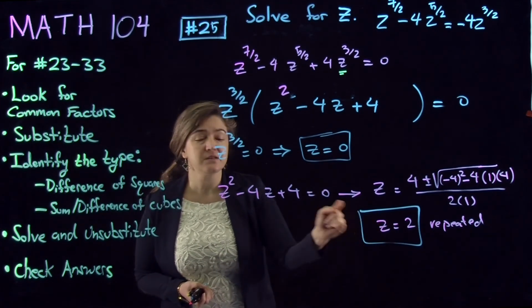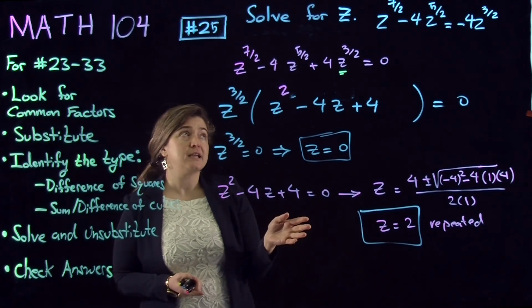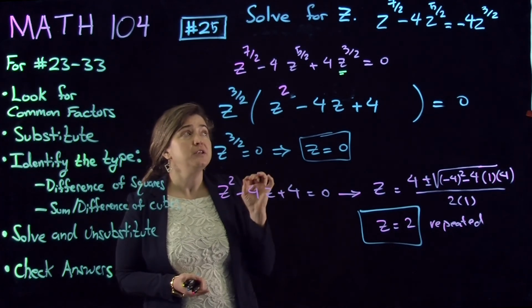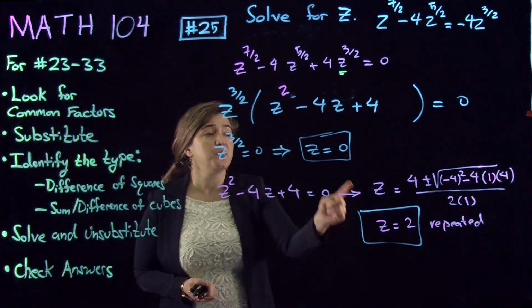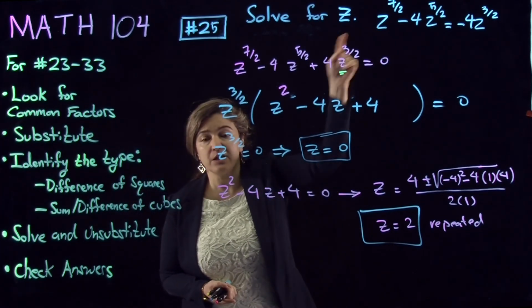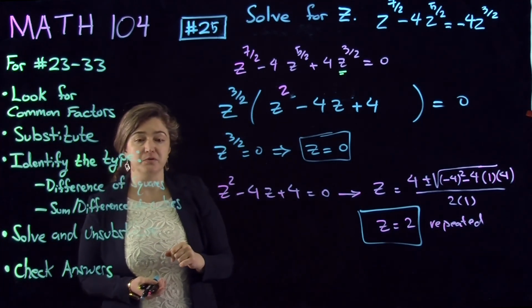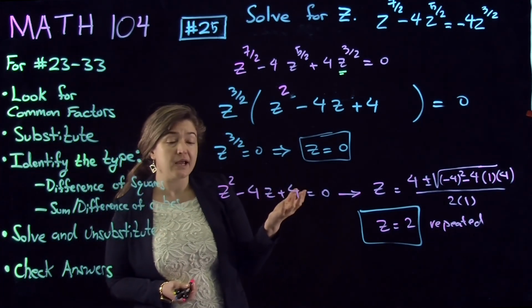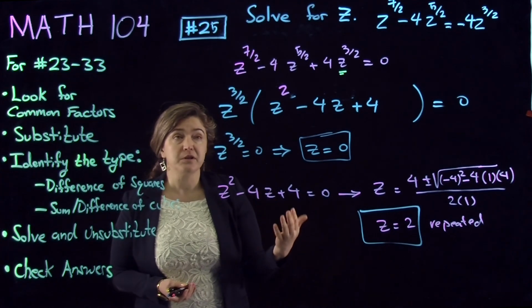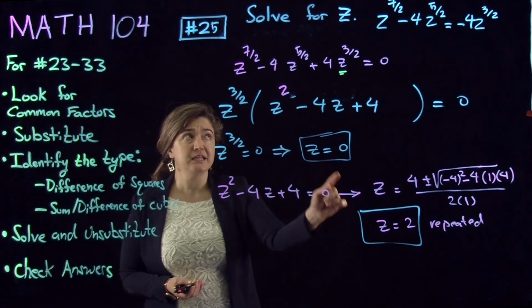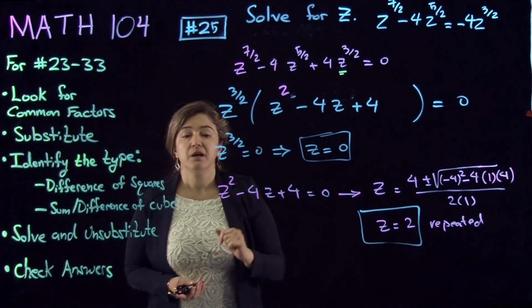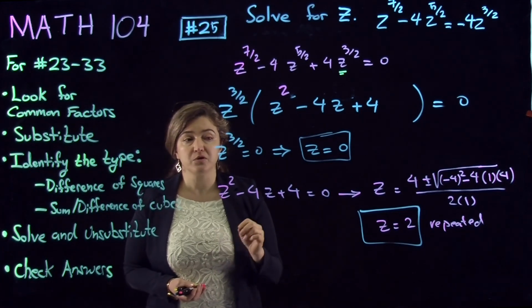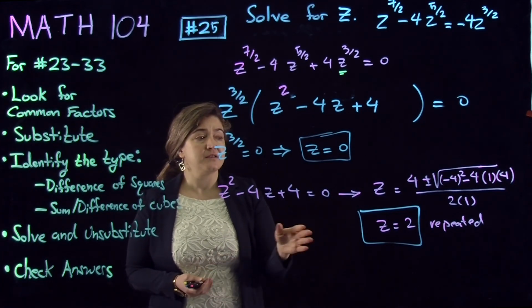Therefore, both of these are the correct answers. But you can also plug both of them back into the equation and see that they actually produce the correct equation. So if you plug either of these in, the equation will hold true. And that's it for this one.